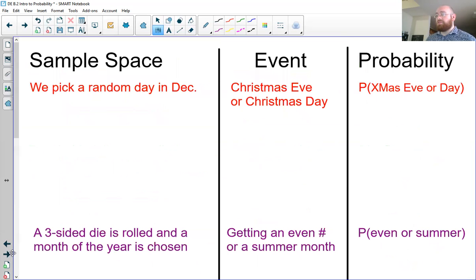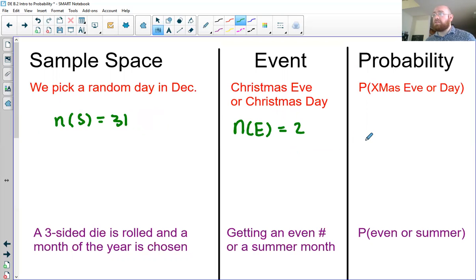Let's do a couple more examples like these. So let's assume we pick a random day in December. How many days are in December? Well, the size of the sample space is 31. And then the event is getting Christmas Eve or Christmas Day. Well, these are just two of our possible outcomes. So the size of the event space is 2.